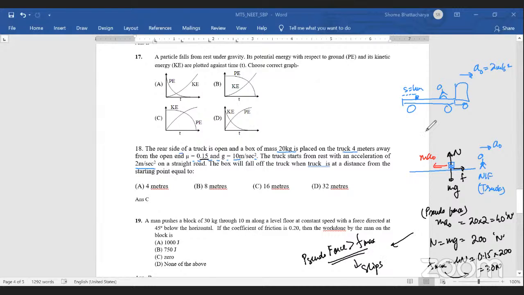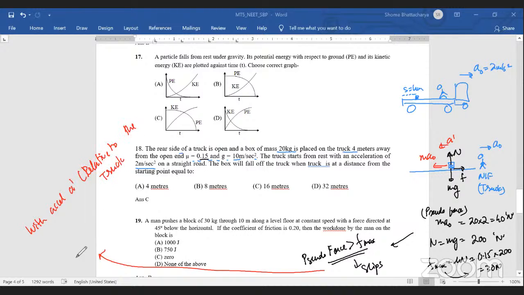And it slips such that relative to the truck, it will have an acceleration a prime, in the truck's frame. So that will be such that m a naught minus friction is equal to m a prime.